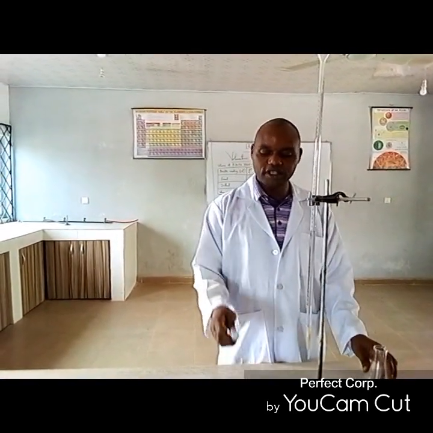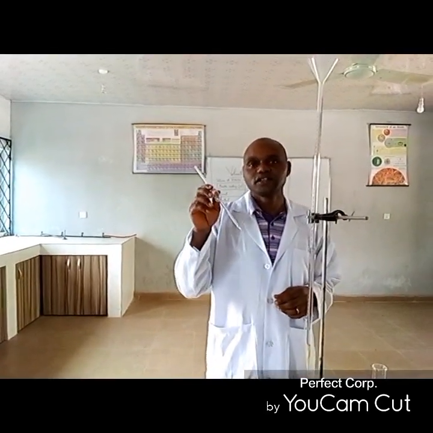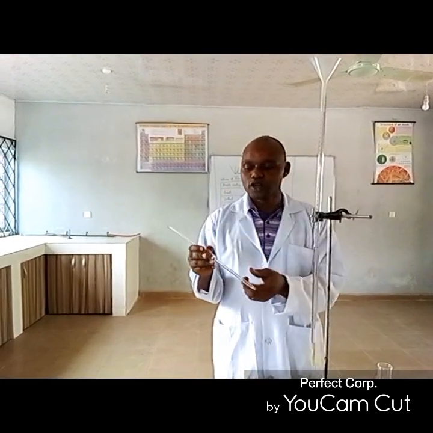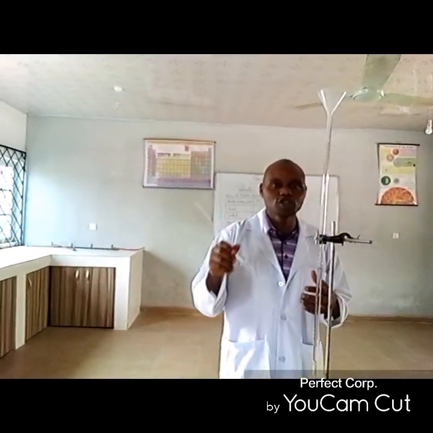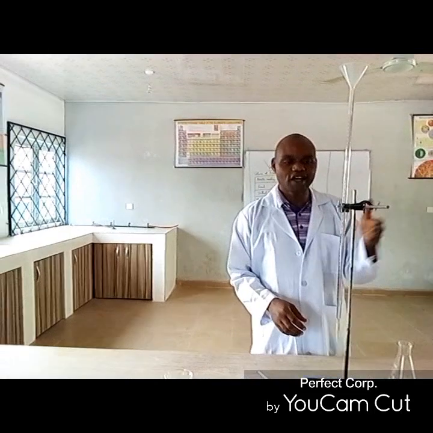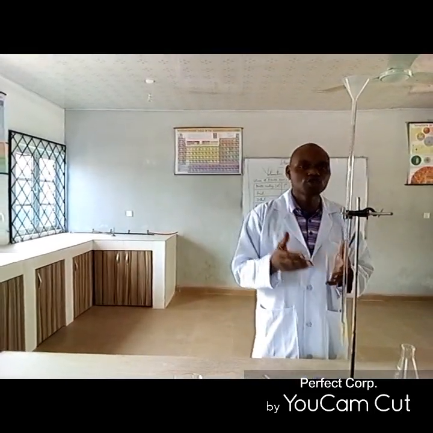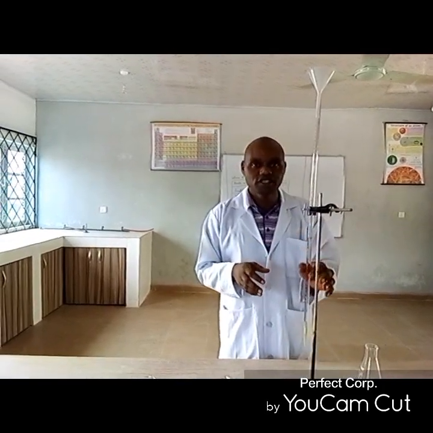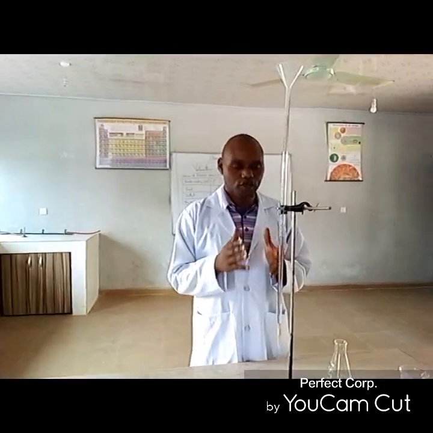Then for the pipette, don't rinse the pipette with the base solution because we'll be using the pipette to sip the base. So when you use base to rinse the pipette, it's going to affect the titration. While for the burette, you don't rinse the burette with the acid solution. Why? Because the acid solution will be going into the burette. So instead, you rinse with water. Please, let's take note of that.